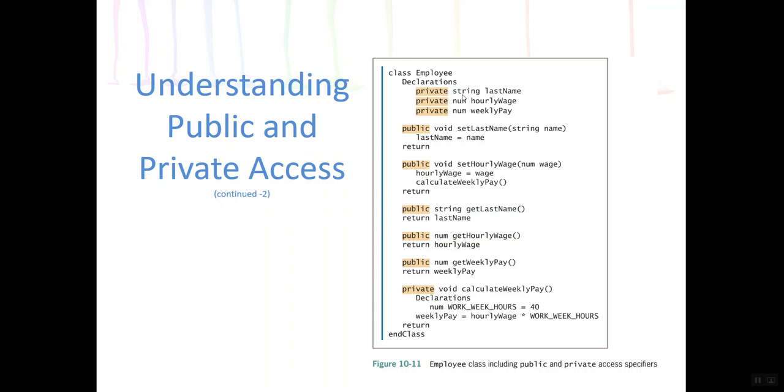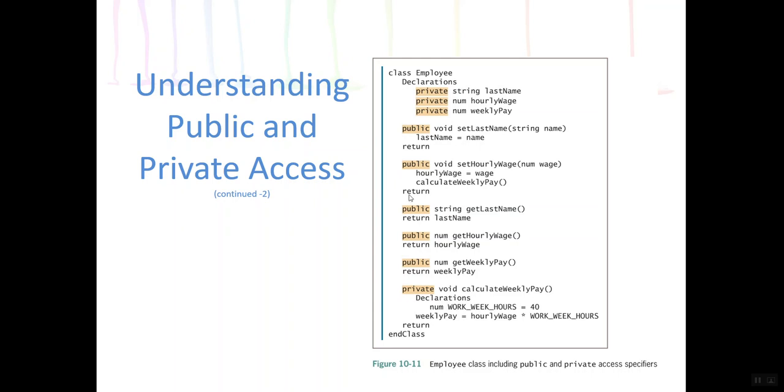That means that we're defining, again, this is the employee class definition. We're defining an instance variable, also called field last name, of type string, and we're saying private. That means that these methods inside of the class can access this variable, but outside methods that are not part of the employee class cannot access them.